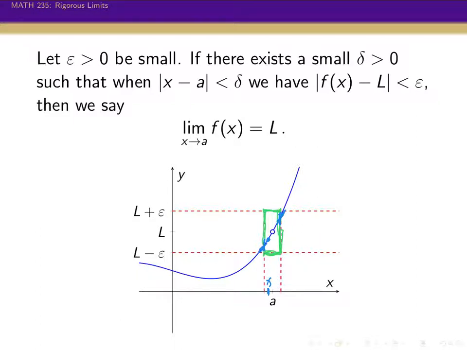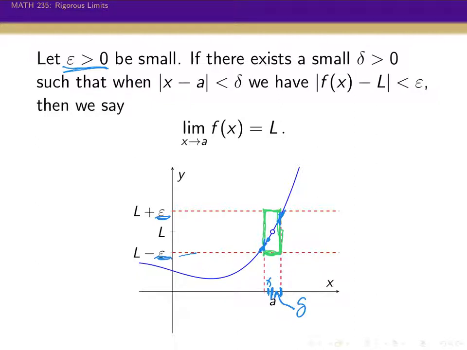And so then this distance between a on either side, this distance between a and right there, that is our delta. Okay. So we started off with the epsilon. From the epsilon, we went up from L and down from L, created these red lines.